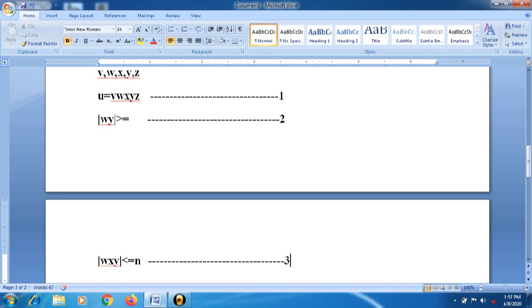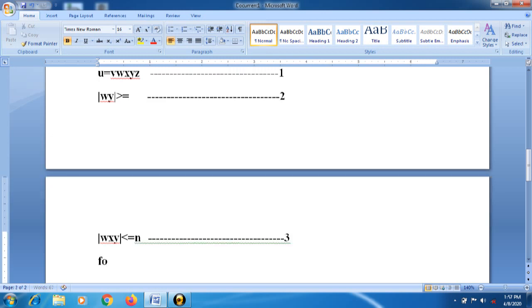And the last case is for any M greater than or equal to 0, V W raised to M X Y raised to M Z belongs to the given language.